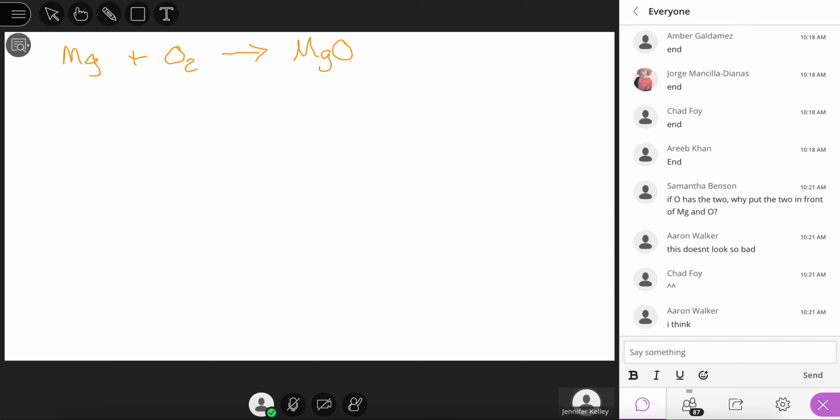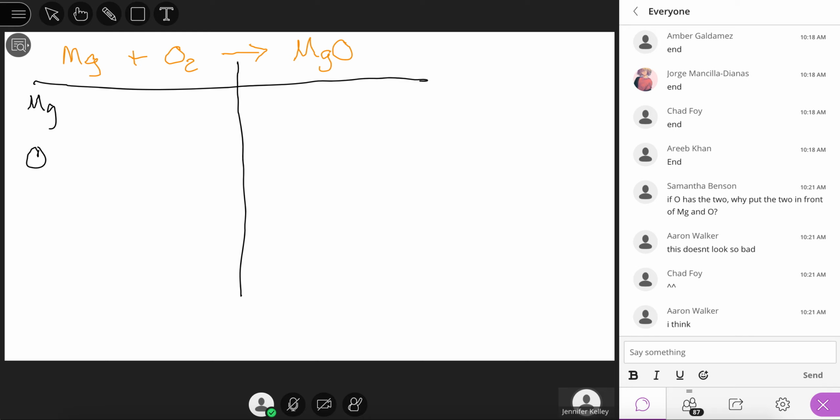So if I balance them like this, there are two elements, so I'm going to write down the elements there. On the left, I have to begin with 1 magnesium and 2 oxygen. And on the right, I have 1 magnesium and 1 oxygen.